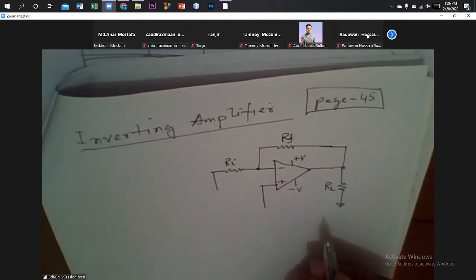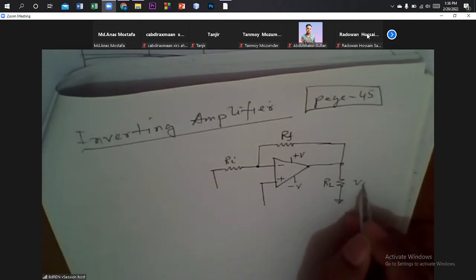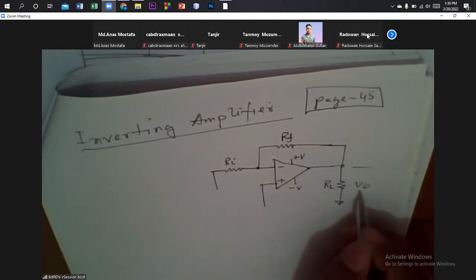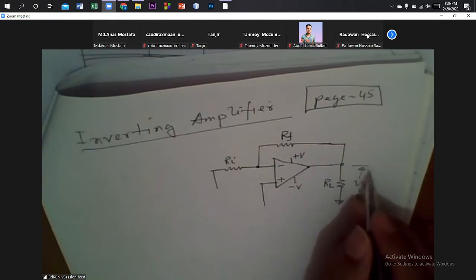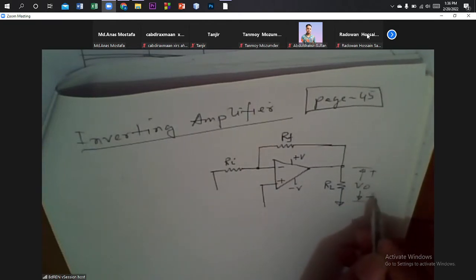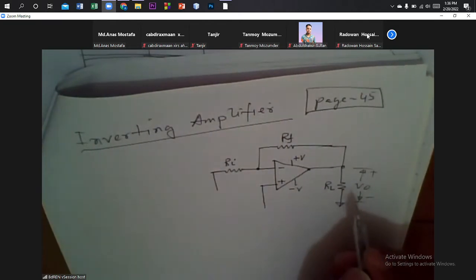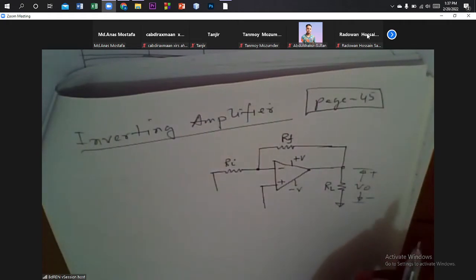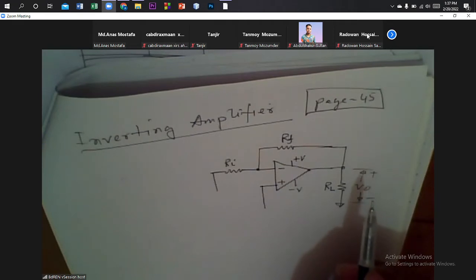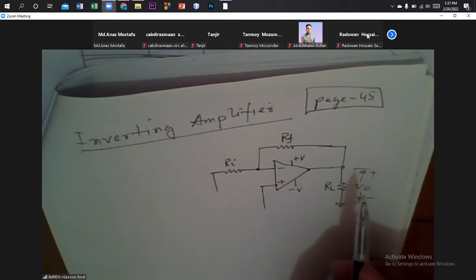Okay? This is output V0. Clear? And can you tell me where we shall connect the input voltage? Any idea from the previous?